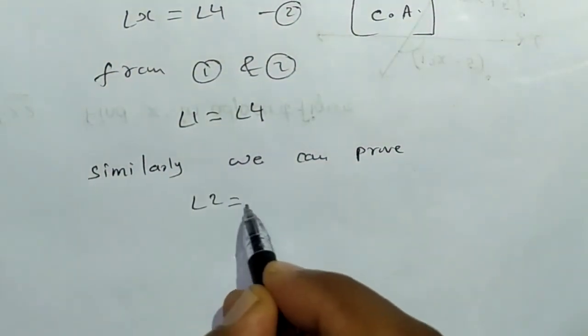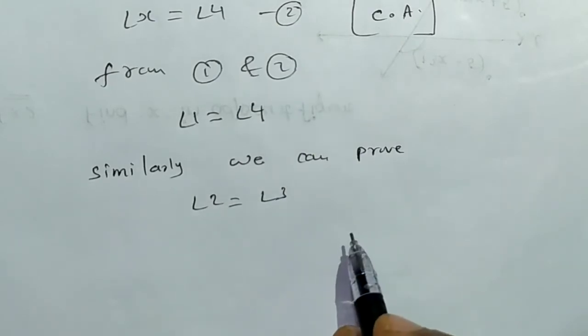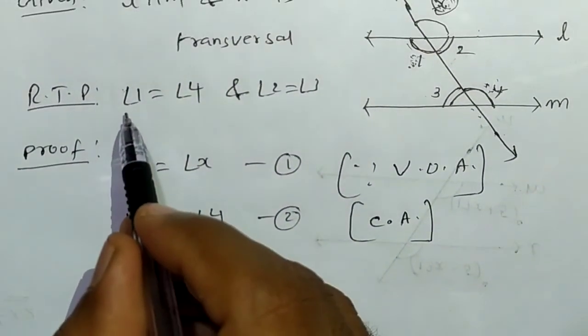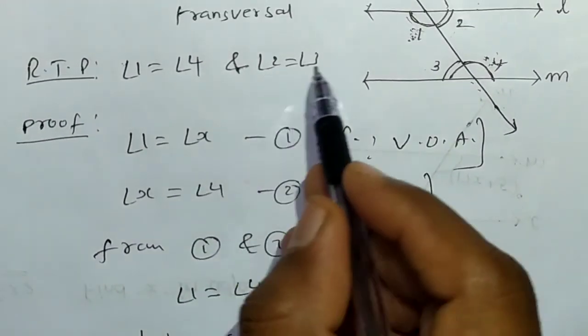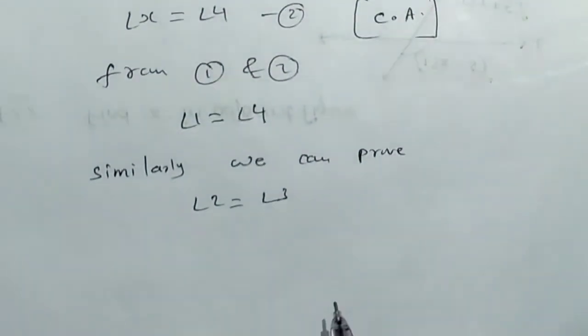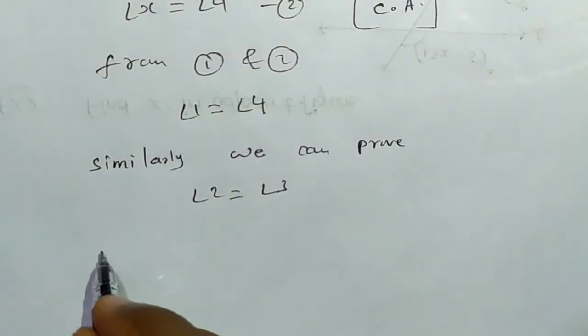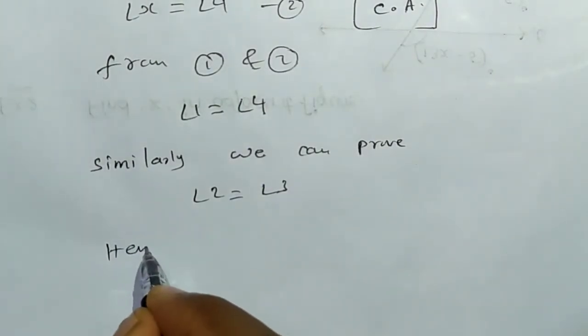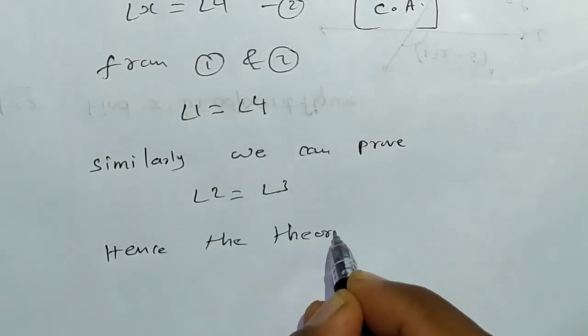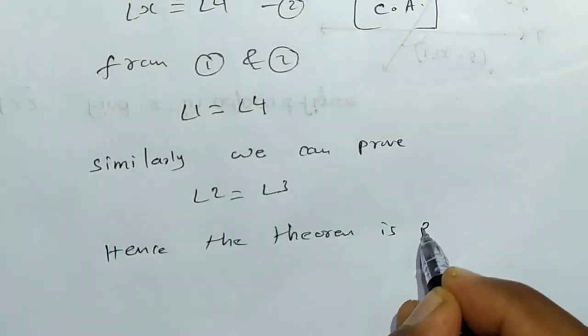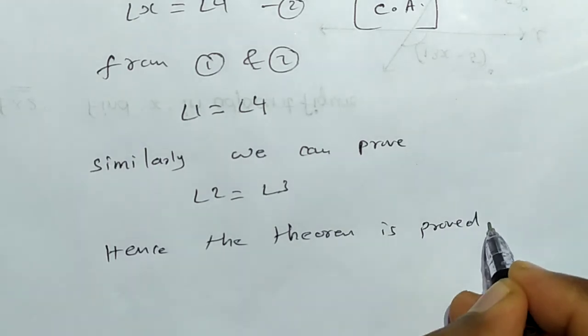So RTP is 1 equal to 4, already proved. And the second one, angle 2 equal to angle 3, we can prove. Hence the theorem is proved. Right?